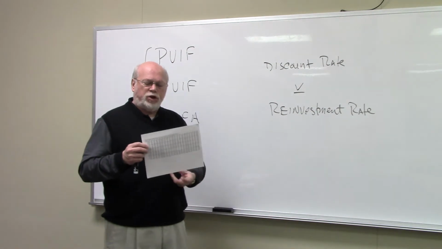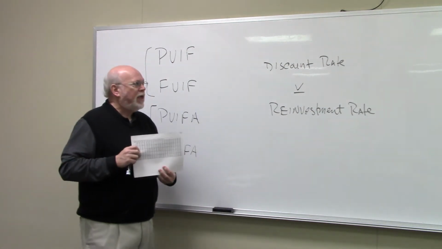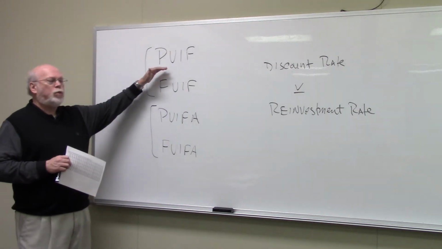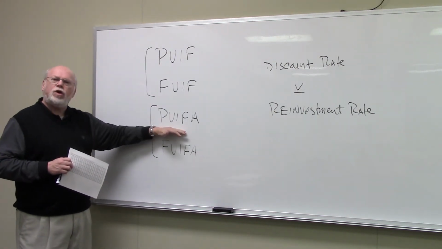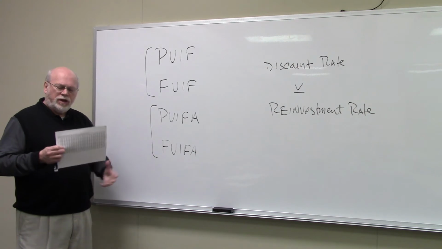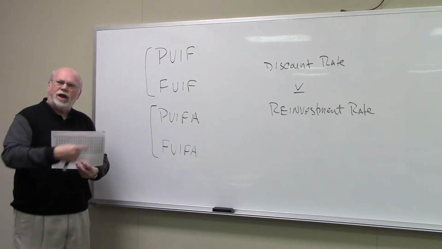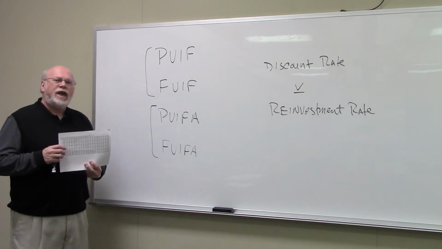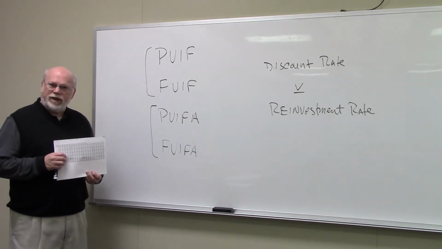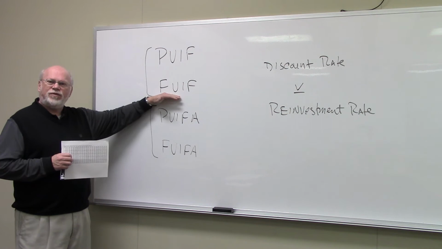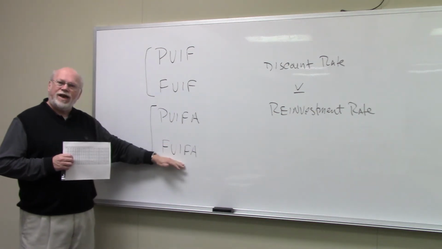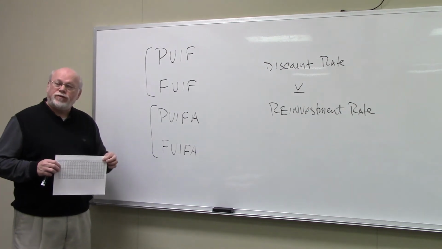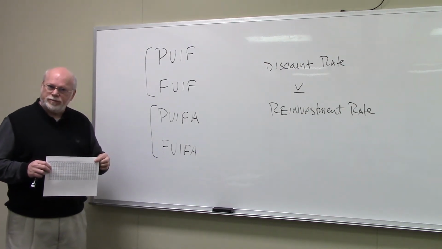The interest rates that go across the top, if we're doing a present value application, we're using either PVIF or PVIFA. The little interest rate that goes across the top, it's referred to as a discount rate. If we're doing a future value application, if we're using FVIF or FVIFA, then the little interest rate that runs across the top, those are referred to as reinvestment rates.